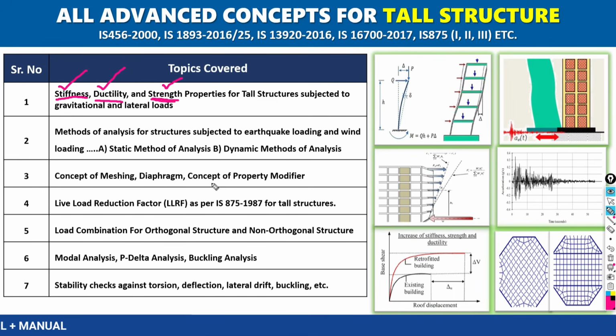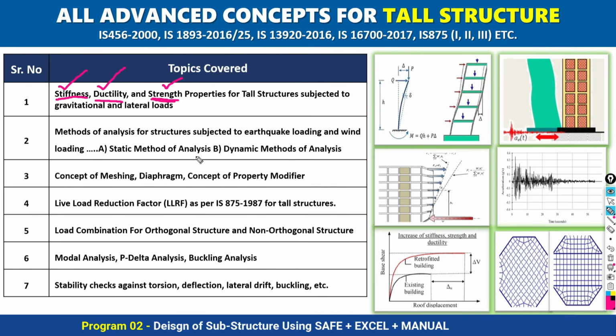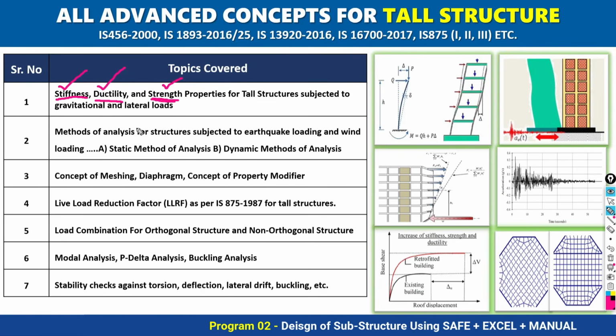If you build a structure where the stiffness is very high but the ductility and strength are less, that is wrong. If you build a structure where the ductility is very high but stiffness and strength are less, that is also a problem. So we have to maintain all these three things in equal proportion.